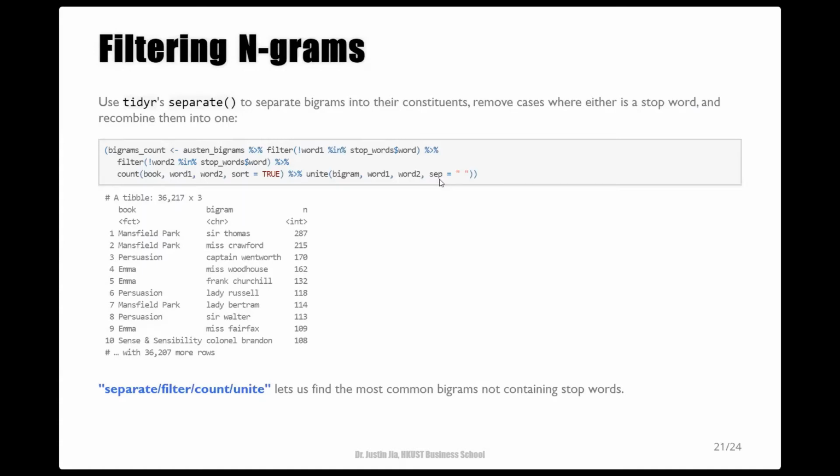Then use the filter function to remove cases where either word is a stop word. And lastly, use the unite function to recombine them into one bigram. So this workflow lets us find the most common bigrams not containing stop words.